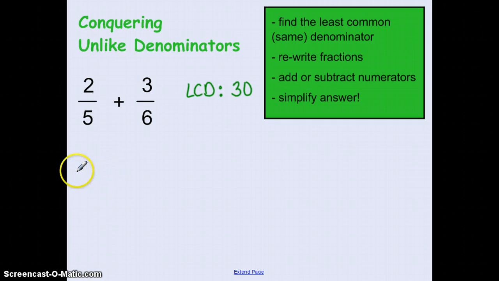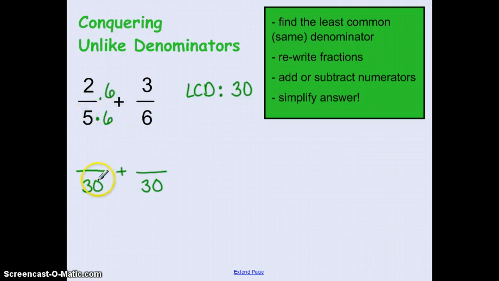So then what we're going to do is rewrite the fractions with a denominator of 30. So instead of something in fifths and something in sixths, we're going to write them both as some number of 30ths. To get from 5 to 30, what do I multiply by? Well, I multiply by 6. And if you multiply the bottom by 6, you also want to multiply the top by 6.